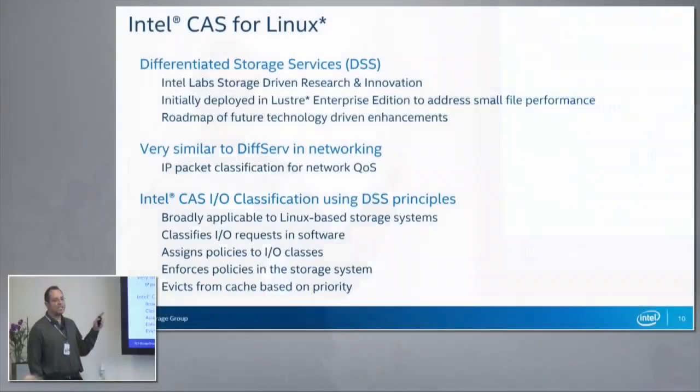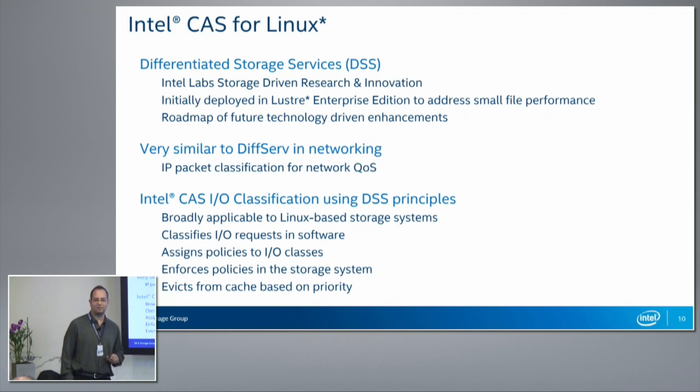So the productization of this differentiated storage service technology comes in Intel CAS. The feature is called I/O classification. This is broadly applicable to Linux-based software-defined storage systems. This is our Linux software. It can work pretty much for any software-defined storage system. Our software works at the block layer.